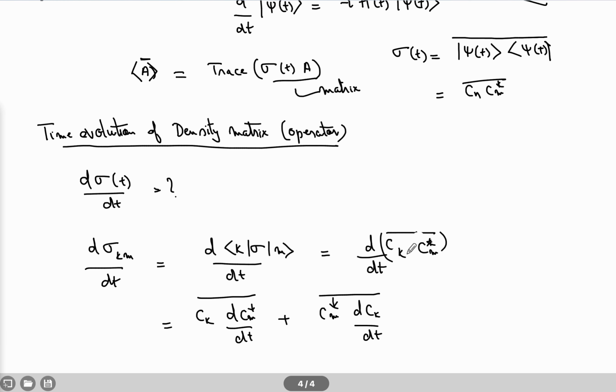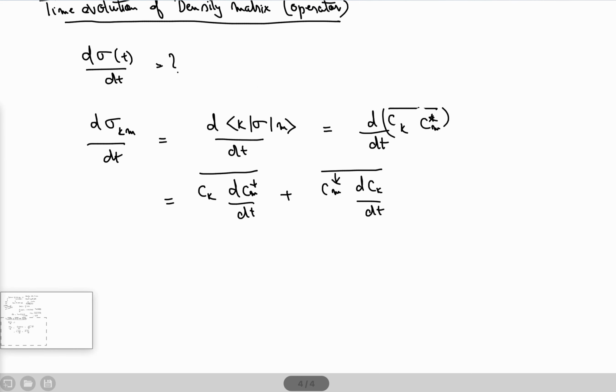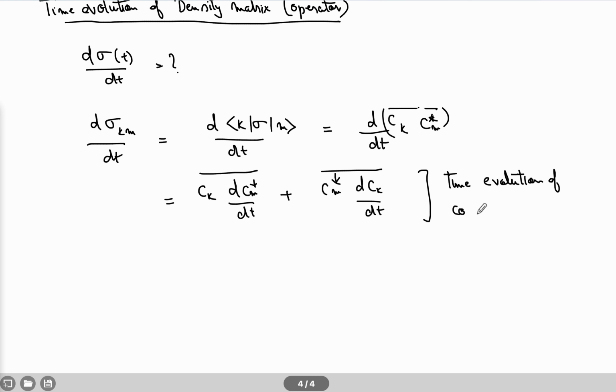When both the functions are time dependent, because you know the coefficients are time dependent here, so I can expand it like this. So now the problem of finding time evolution of density matrix element is reduced to finding the time evolution of coefficients. So this is nothing but time evolution of coefficients.